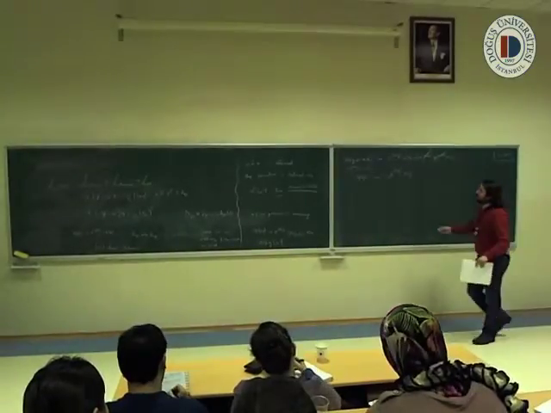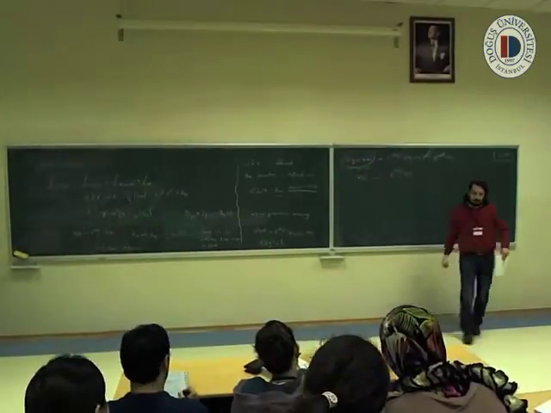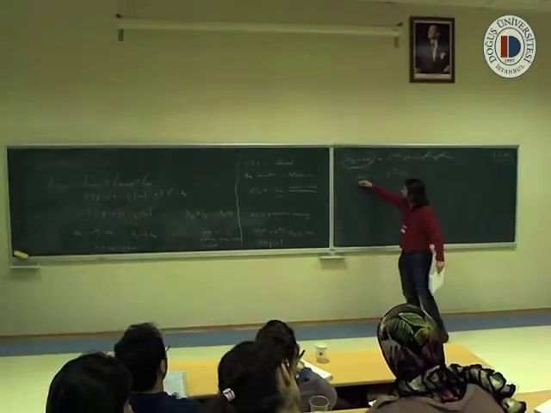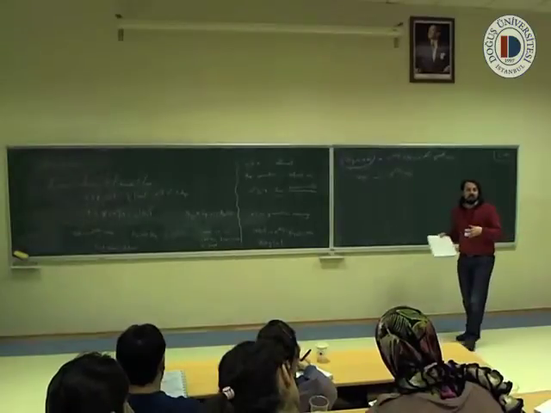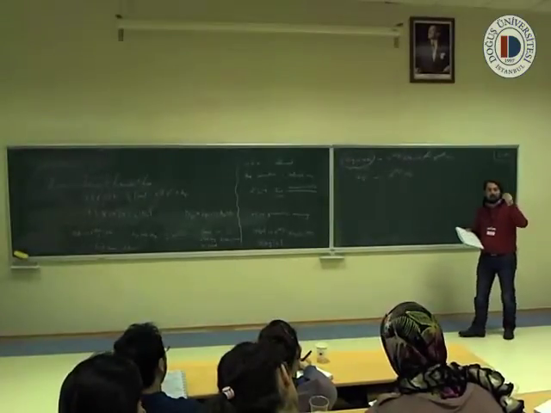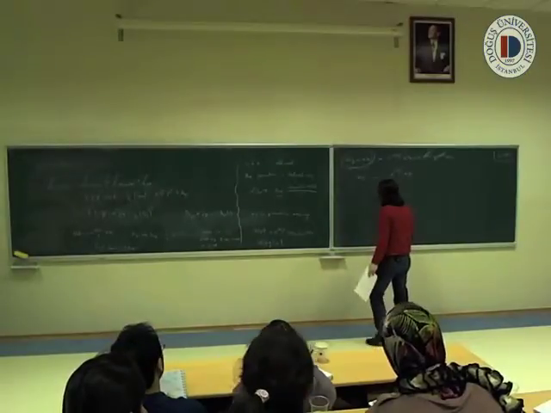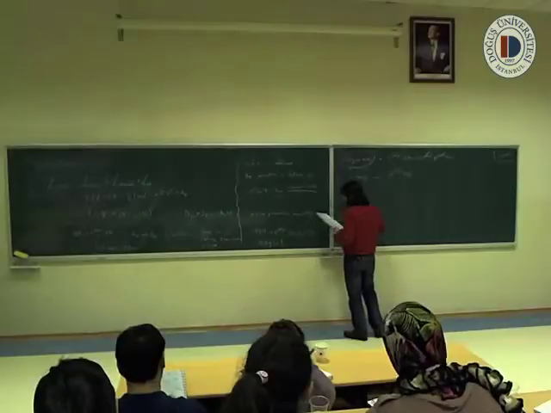So this object, the compensator field, transforms the same way as the field at a different point. So now it makes sense to take their difference, because now I know that both fields are transforming the same way. So this is going to be our definition for the covariant derivative.